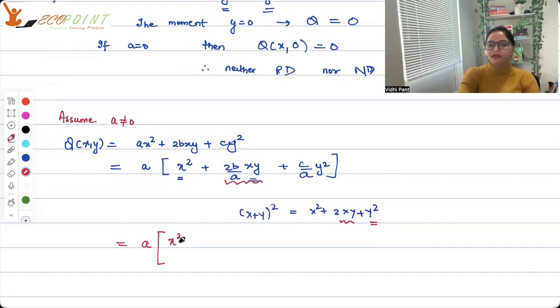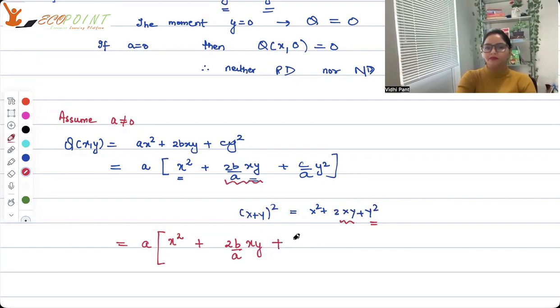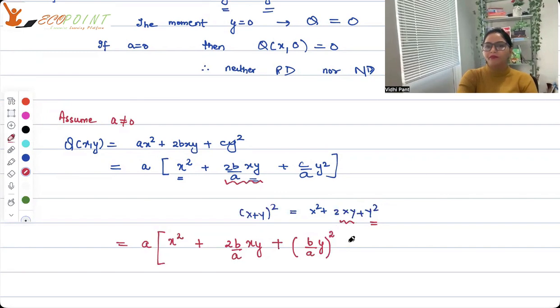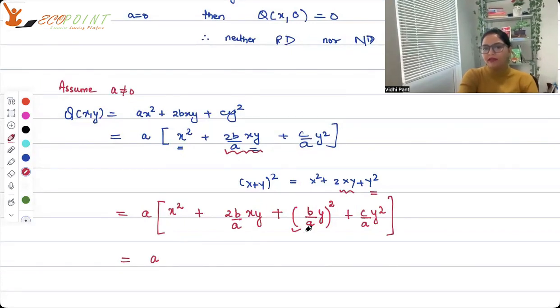So this becomes a times x square plus 2b upon a xy plus b upon a y square, plus c upon a y square you already have. All right. Now since you've added this, you will subtract it also.